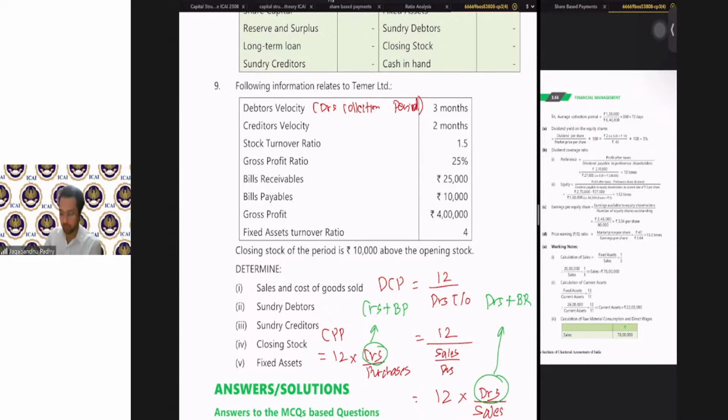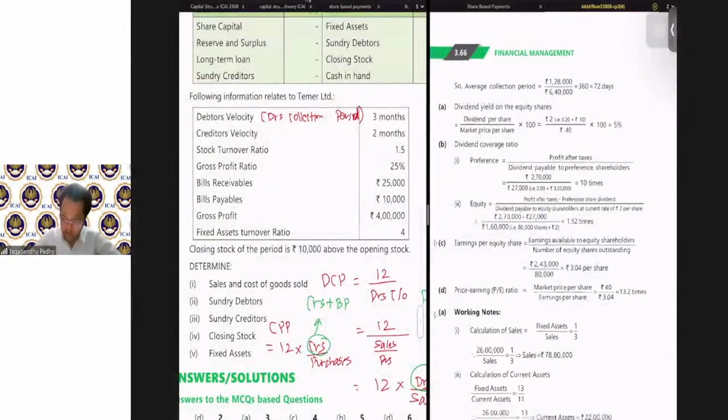Is it clear? Okay, fine. Any other question that we need to look at?